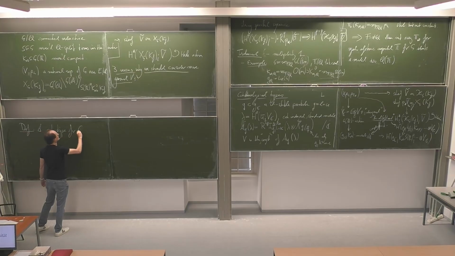So using this, we can define a cohomological type.